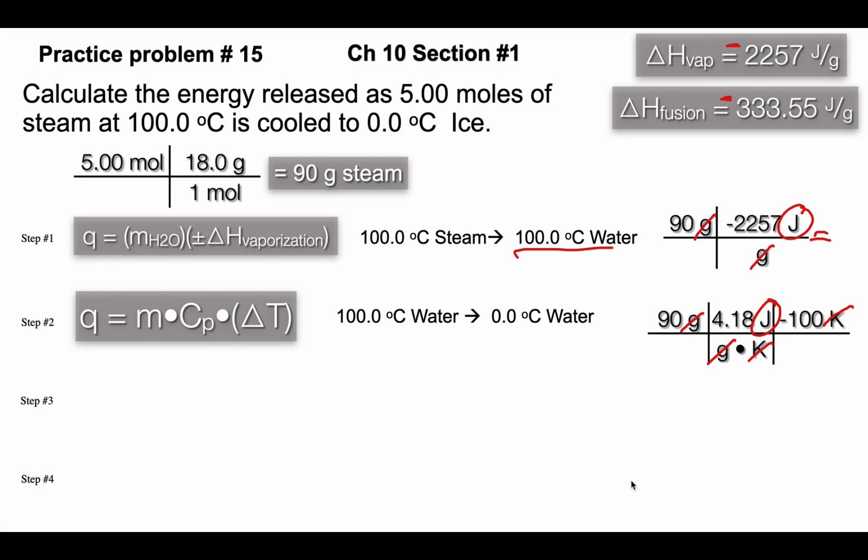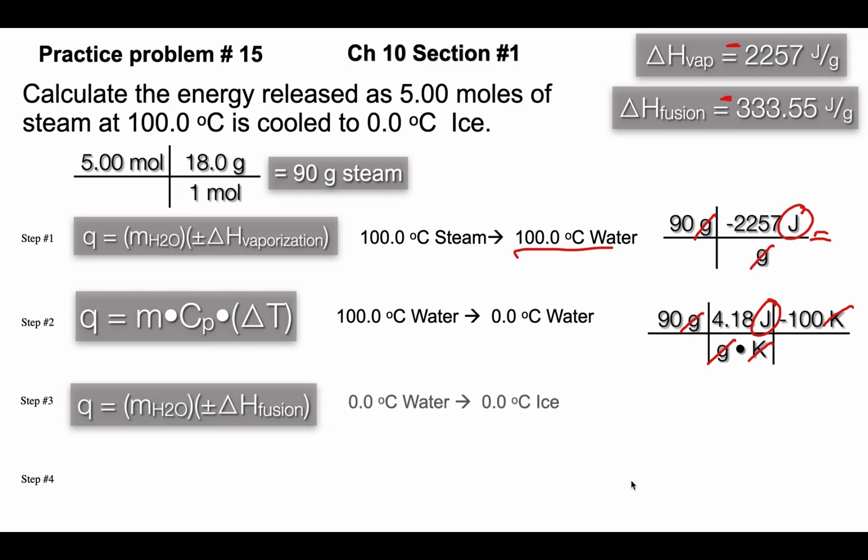Step 3, now that we have 0 degrees water, we're going to convert that water to ice. So we're going to use our m delta H. Going from 0 degrees Celsius water to 0 degrees Celsius ice, the mass is still 90. Now our delta H of fusion is negative 333.55 joules per gram.